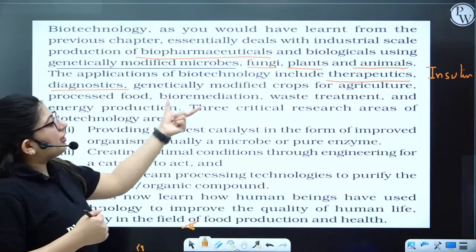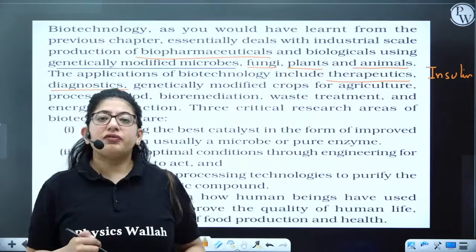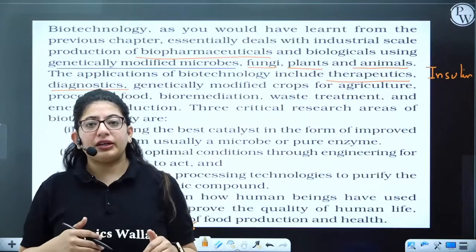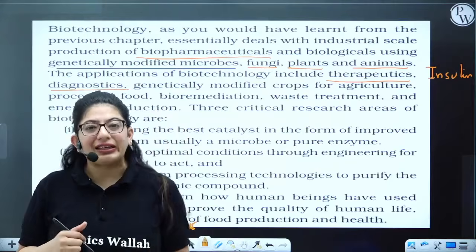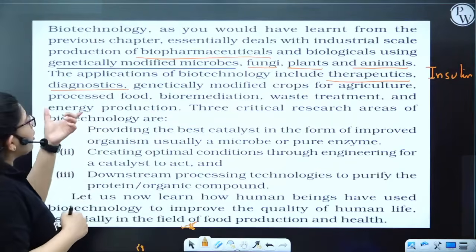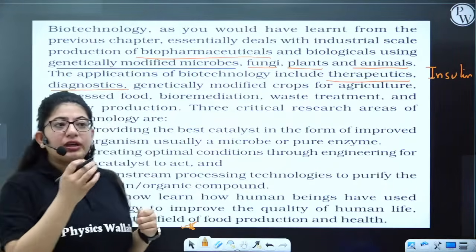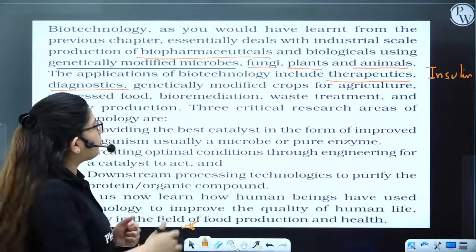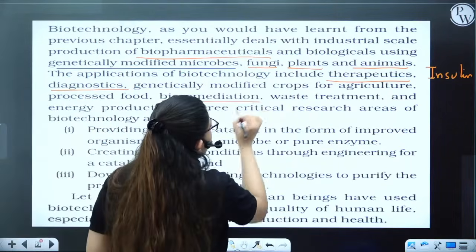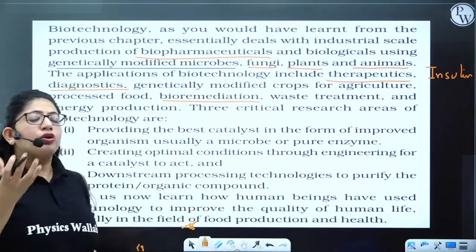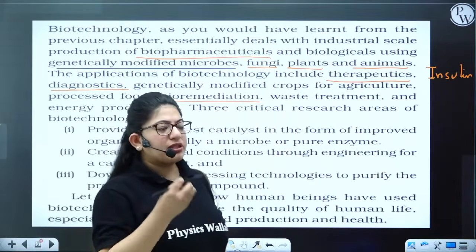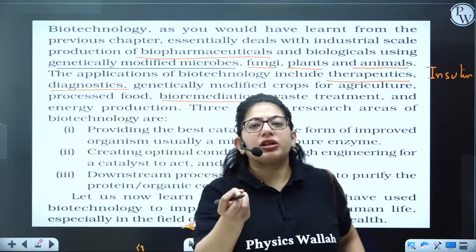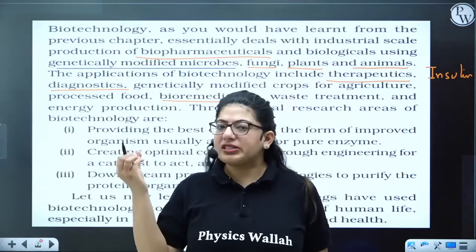Then we have genetically modified crops for agriculture. We have modified the crops according to our need. As a result, the yield should increase. Then we have processed food, the food that is made in factories, right? That's also a gift of biotechnology. Bioremediation. What is bioremediation? To decrease pollution by using biological components. For example, you will study this in botany.